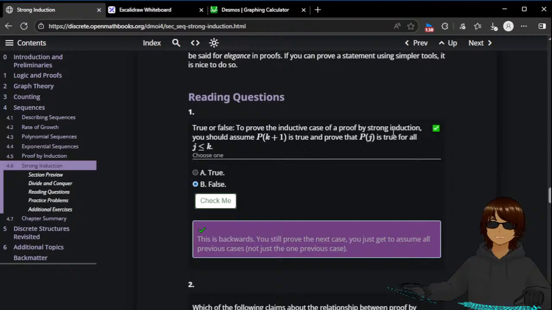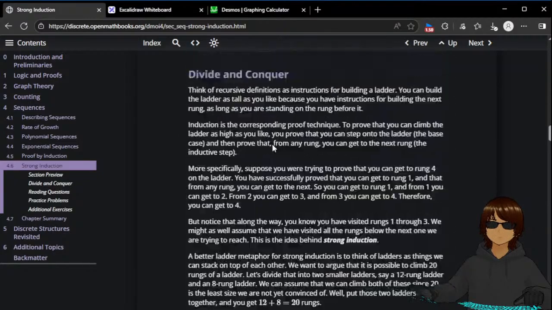Yeah, that's what they said here, no? Oh no, wait. You assume Pj is true for all j less than or equal to k, and then you prove Pk plus 1, right?